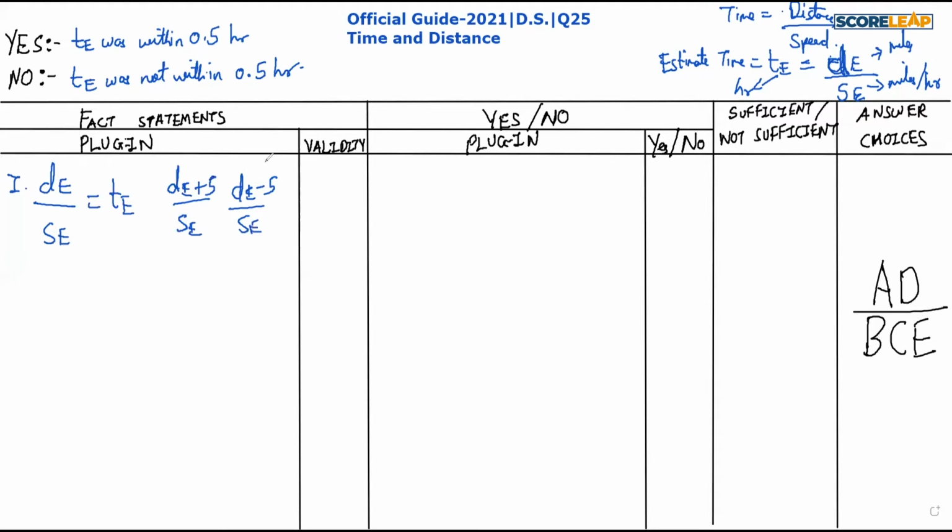We want to figure out whether TE was within 0.5 hours or not. But in this case, there is no information on SE, the estimated average speed. So how can we tell whether the estimated time will be within 0.5 hours or not?